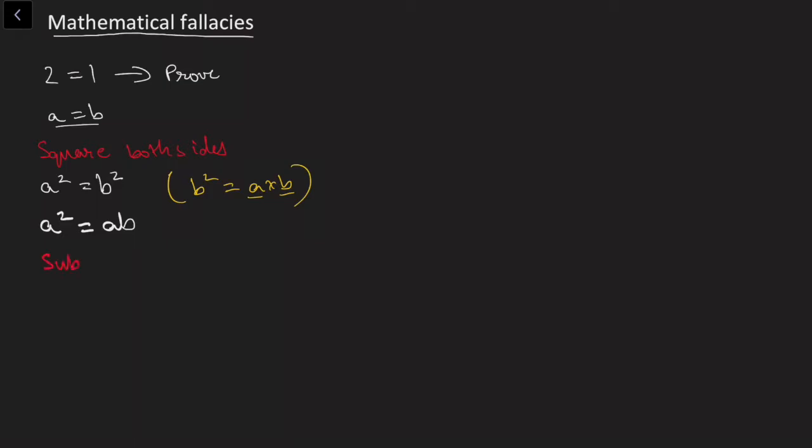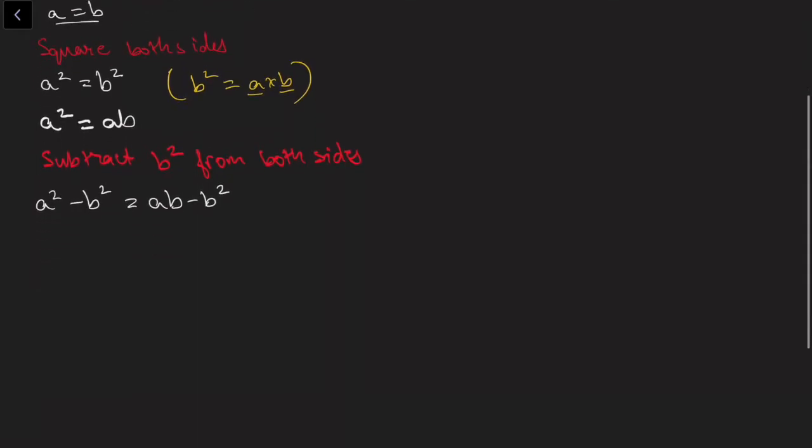Now let's subtract b square from both sides. And then you're gonna get a square minus b square is equal to ab minus b square.